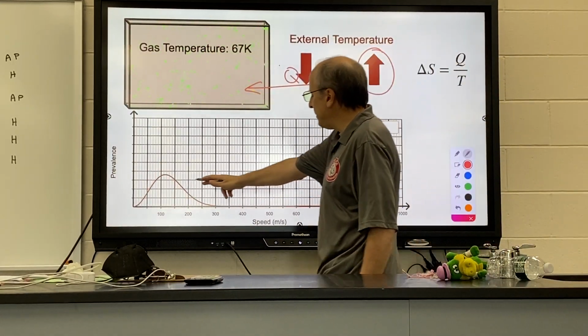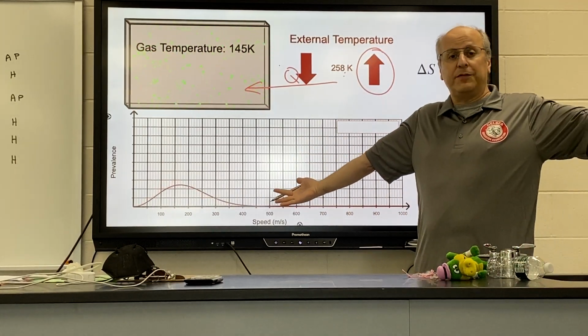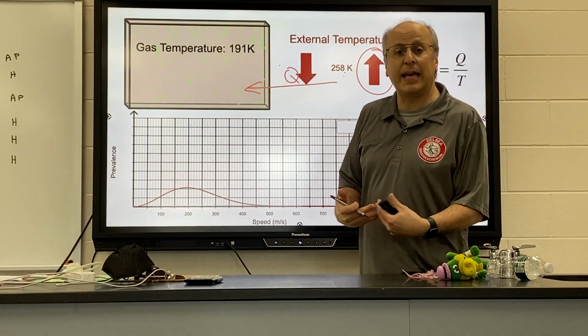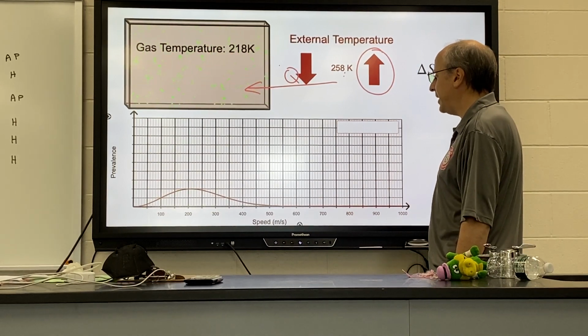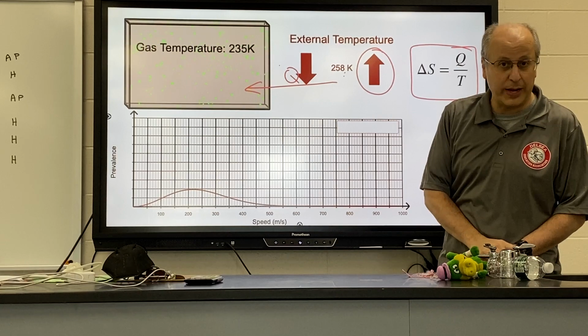We can see what happens to our graph when we do that. We get a greater spread of speeds. A greater spread of speeds, we saw, means fewer interchangeable speeds, which means we're going to have a higher entropy. To calculate the change in entropy, we're going to use this equation.